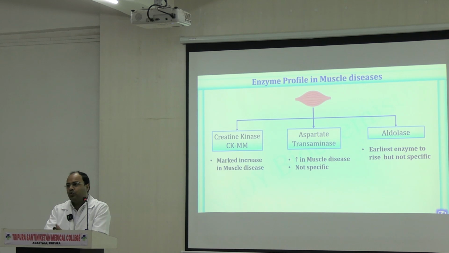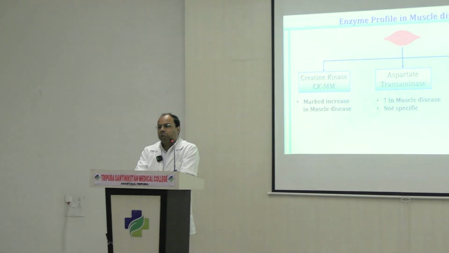This we can actually do to suspect the disease. Diagnosis: muscle biopsy. Treatment: no treatment. Eventually the patient may die. Very bad disease. Okay, it will be covered in detail when you learn in pediatric classes. Duchenne muscular dystrophy. Okay, next.